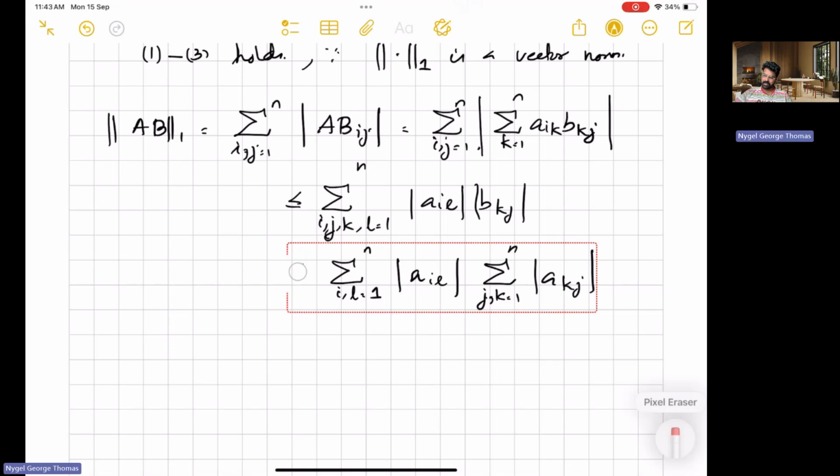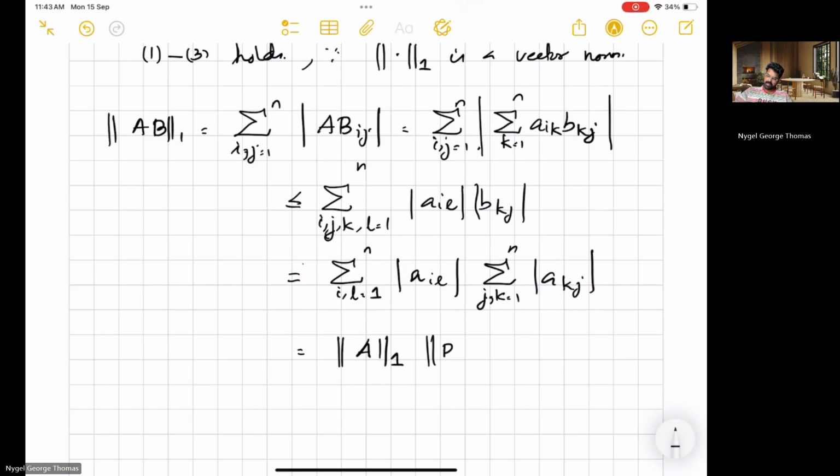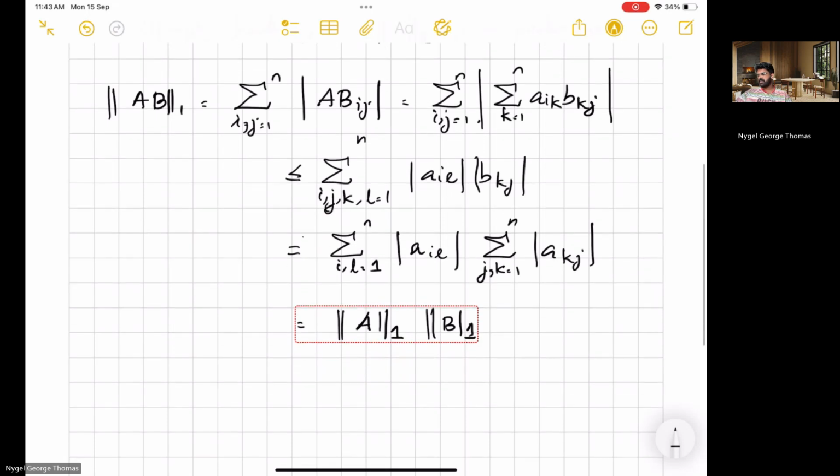No, this is not less than or equal to, this is just equal to. This is the definition of the L1 norm of matrix A, and this is the L1 norm of matrix B. These are both equal.